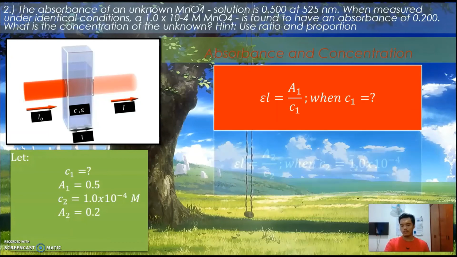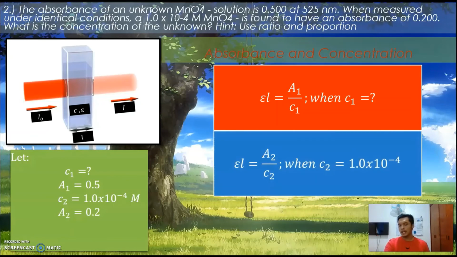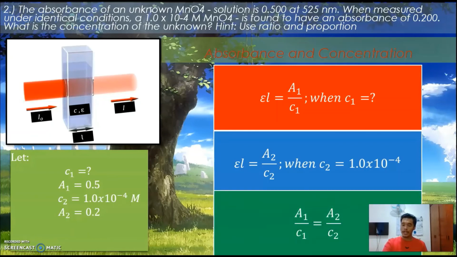That's what we're trying to find. And the second case is A2 over C2, when C2 equals 1 times 10 to the negative 4 molars. So, if epsilon and L are the same, we can just say that A1 over C1 equals A2 over C2.